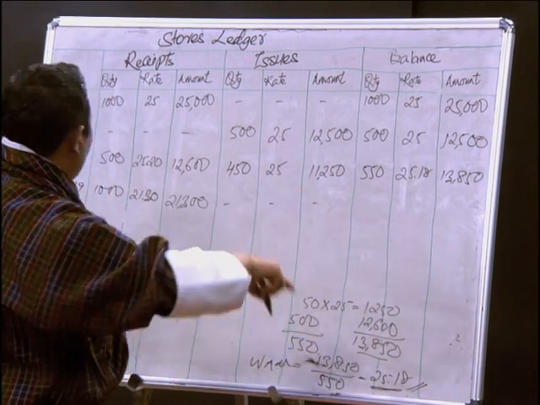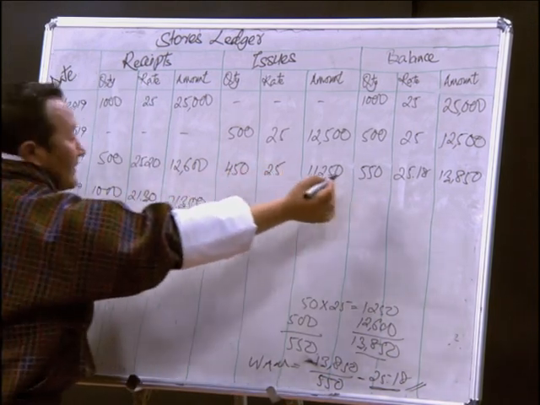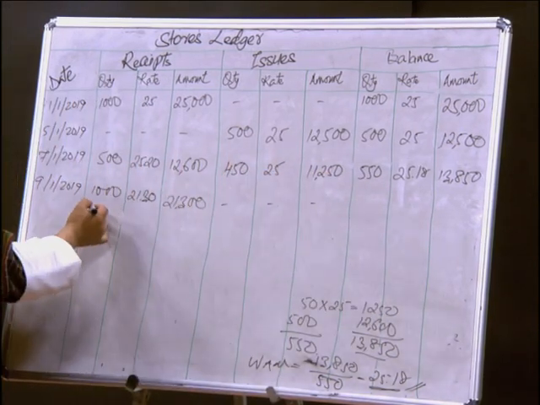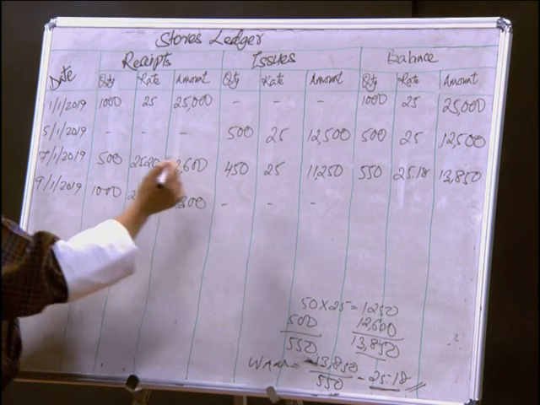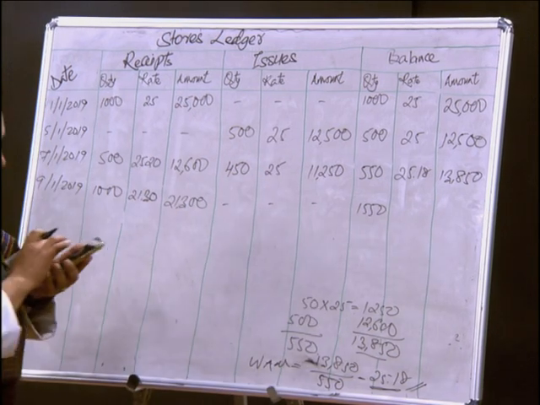To find out the price again, we have a balance of 550 in our hand, and we have received another 1,000 units. So altogether it is becoming 1,550, and the rate is going to change.